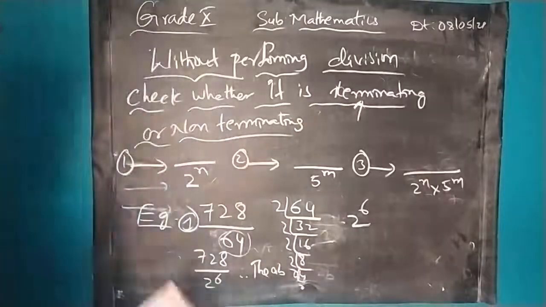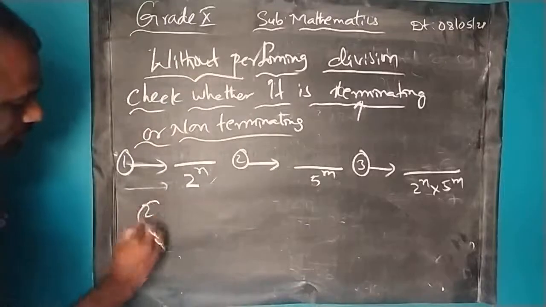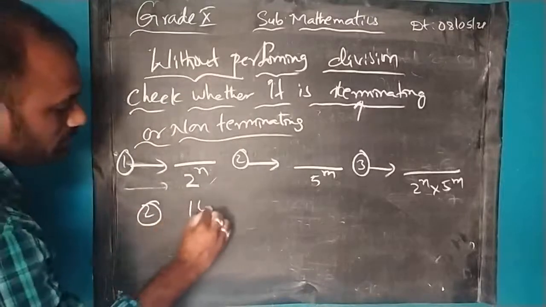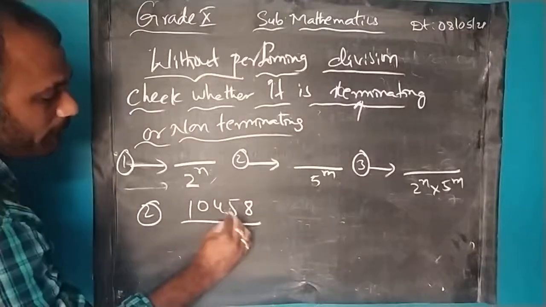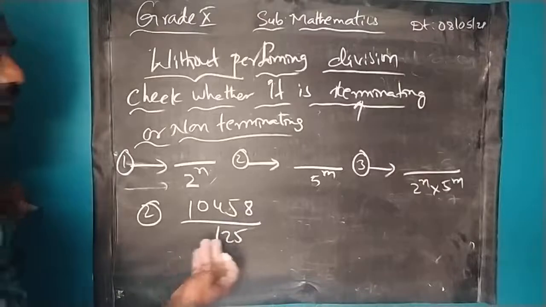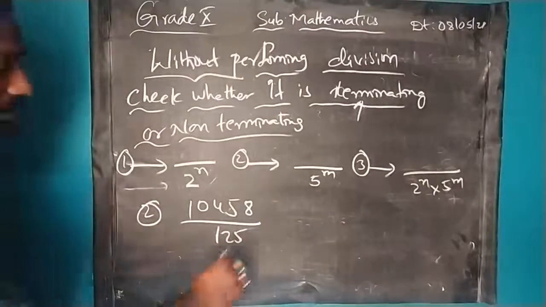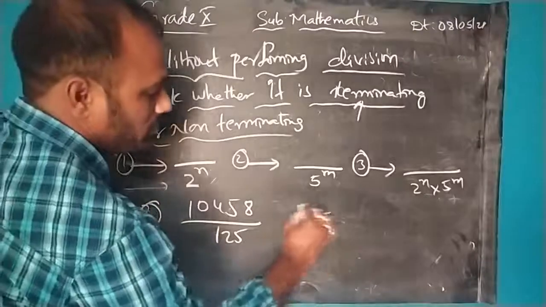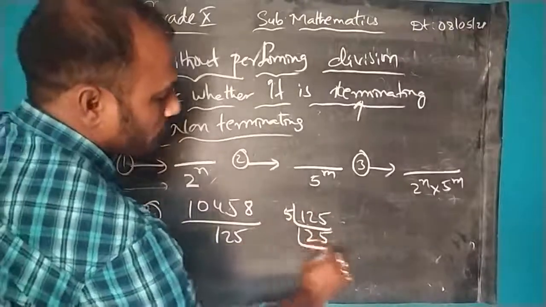Let me take another example. Second, 10458 divided by 125. Same format. We should not do any division. He is asking us terminating or non-terminating. So first perform the factorization of the denominator, that is 5, 25, 125.